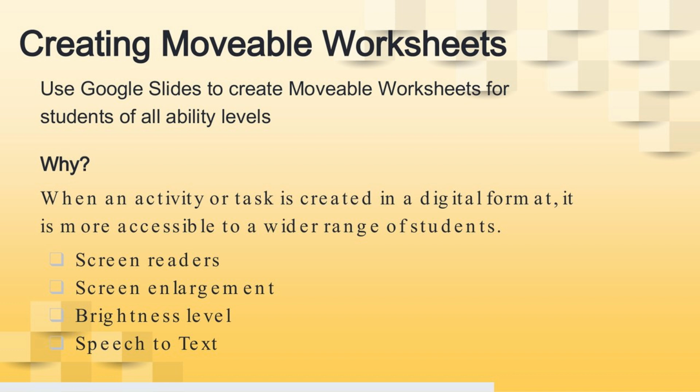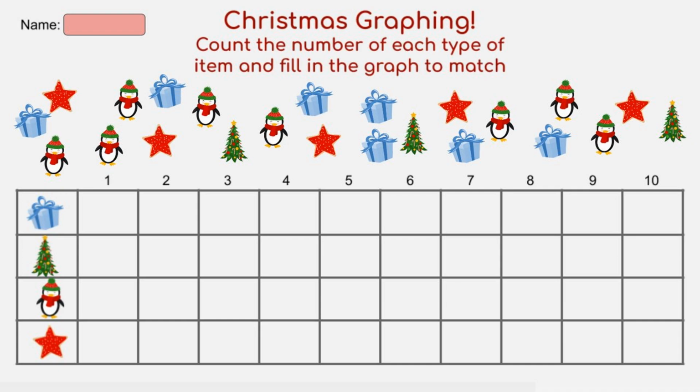So we've been talking about how we can create movable worksheets so that students can interact with them right on their device. I've got a couple of examples here, and then, like we have been, we'll jump out and play a little bit. Here is a slide that is a movable worksheet or movable activity.